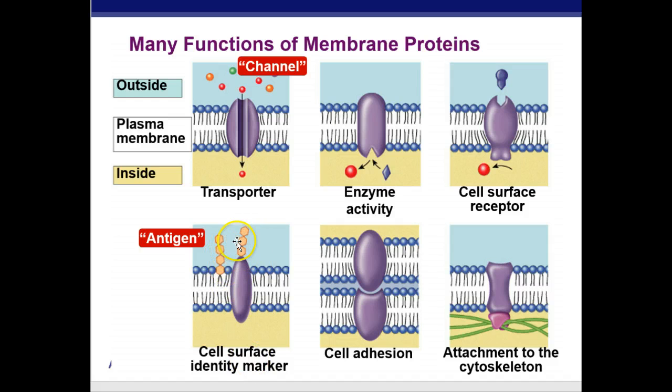This area, known as an antigen, kind of marks it as self. This is you. Recognize your own proteins. Cell adhesion, in order to adhere cells to one another. And also a place to attach the ever important cytoskeleton.